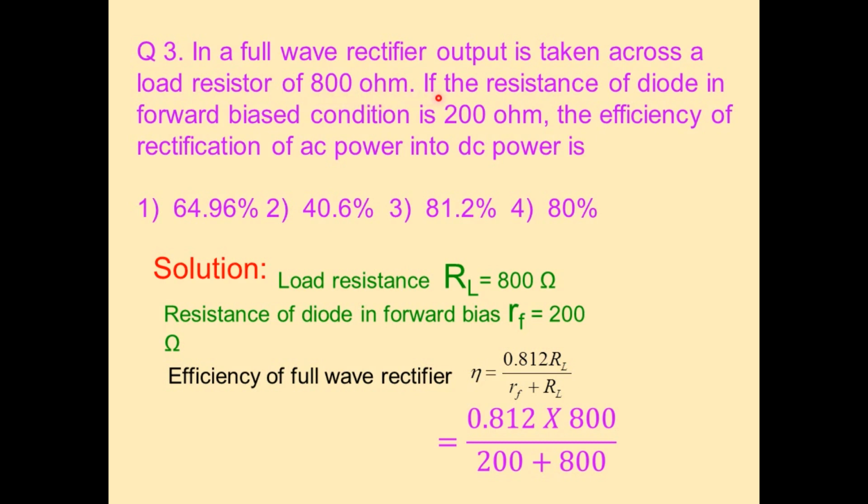If the resistance of diode in forward biased condition is 200 ohm, the efficiency of rectification of AC power into DC power is.